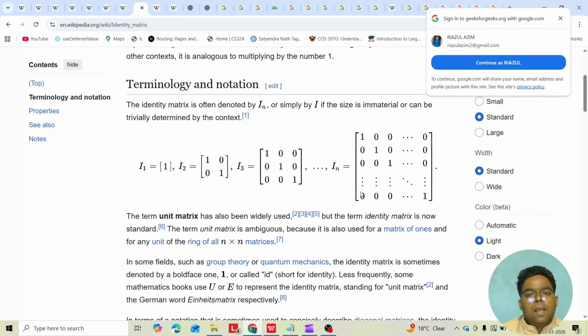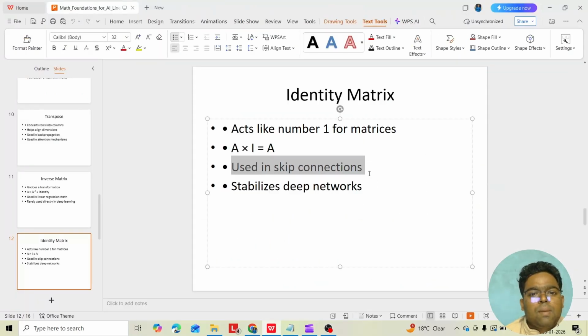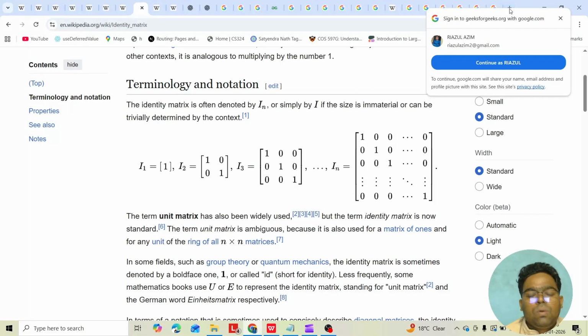So the nth row and nth column is also 1. That is the unit matrix itself. So next, let's see why it is used. It is used in skip connection and to stabilize the deep network itself.